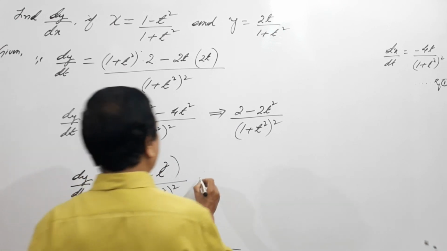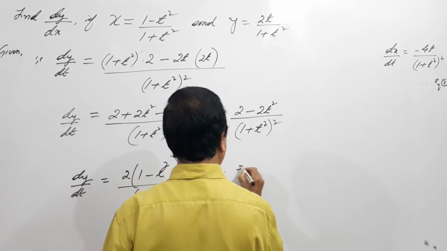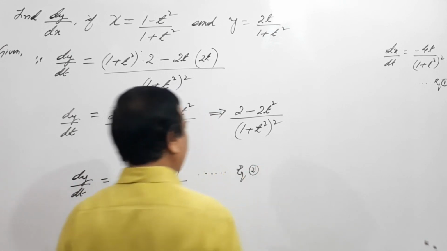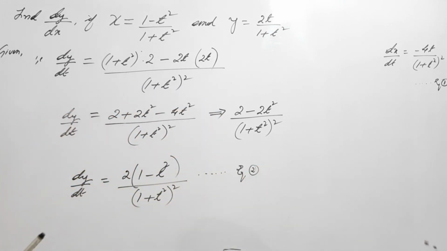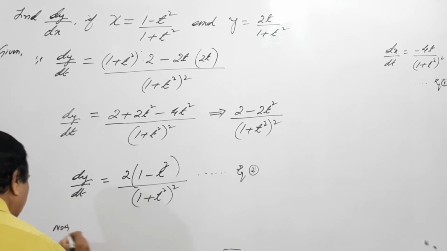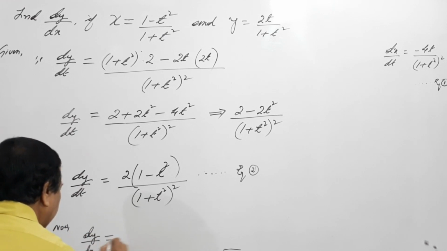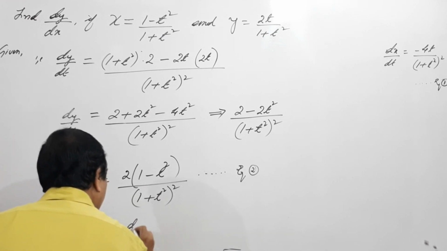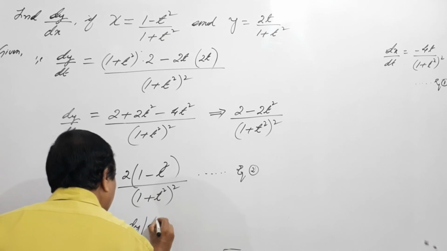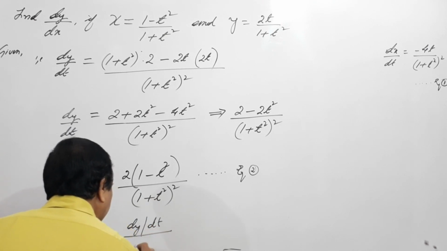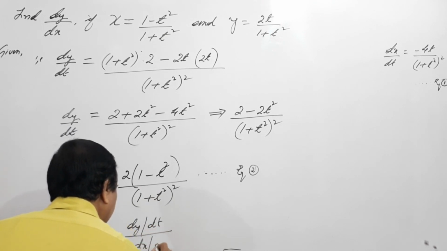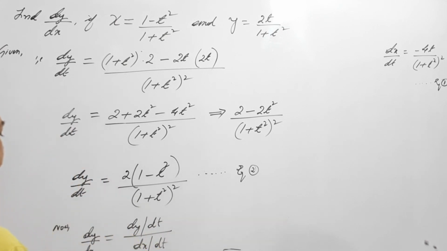So this is our equation 2. Just make a note. Therefore now, dy by dx equals what? dy by dt divided by dx by dt.